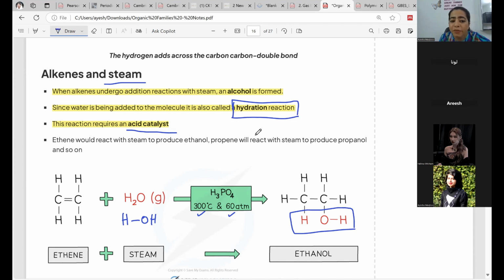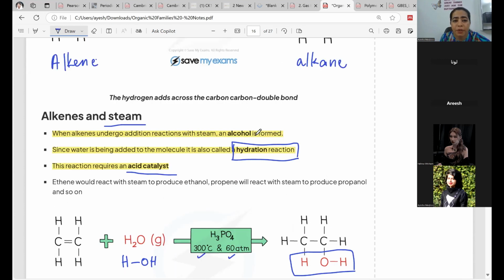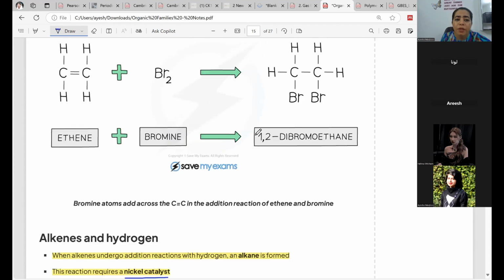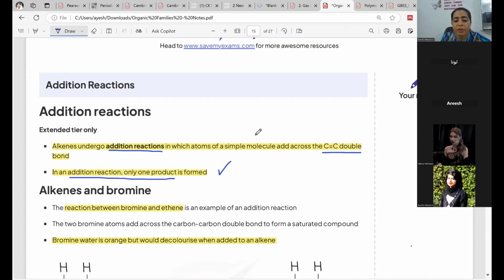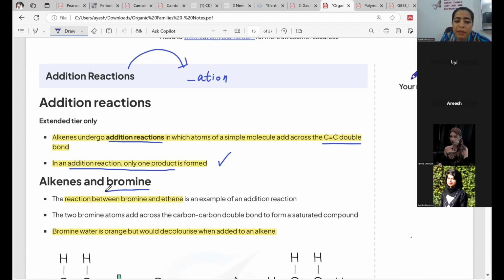The previous reactions also have names. Whenever we do any addition reaction, we write "ation" at the end of the word. Let's say we are going to add bromine on the alkene, so we call it a bromination reaction, meaning addition of bromine.